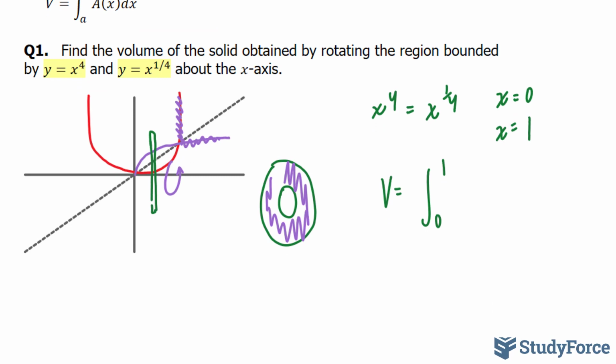What we have to do is subtract the inner area from the outer area. The outer radius will be this function and the inner radius will be this function. So the formula for the circle representing this function will be pi r squared, and we'll call this r1, minus the area of this part of the circle, which we'll call r2.